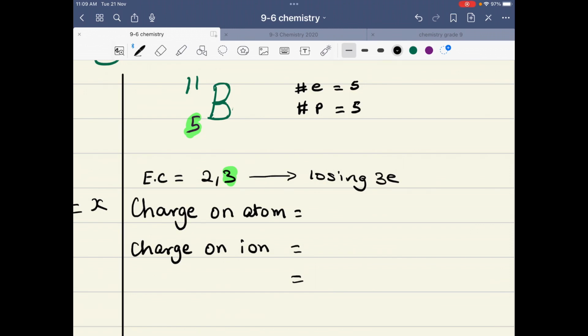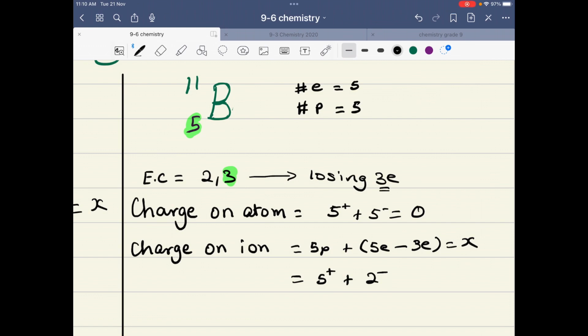As you know, atoms have a charge of 0. This one has 5 positive because of 5 protons, plus 5 negative because of the 5 electrons, so it has an overall charge of 0. Now on the ion, you still have 5 protons and 5 electrons, and you're going to lose 3 of those electrons, so minus 3 will give the overall charge X. In terms of positive and negative, you will have 5 positive plus 2 negative.